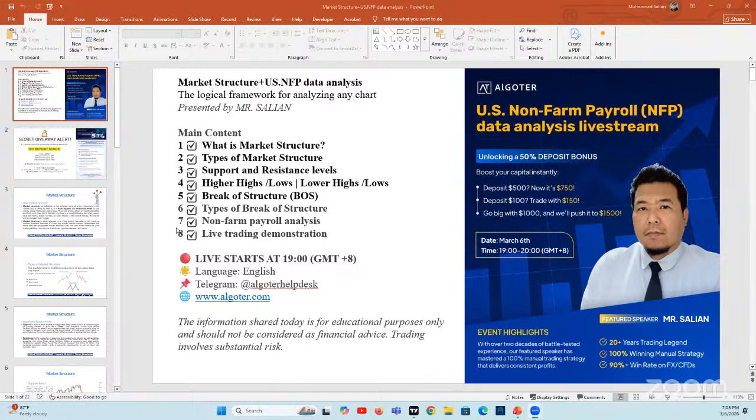So, market structure, my friends, I cannot stress enough about market structure. When I was a beginner, I was crazy guessing which way the price will go, up or down. I was just guessing. I didn't know any strategy.